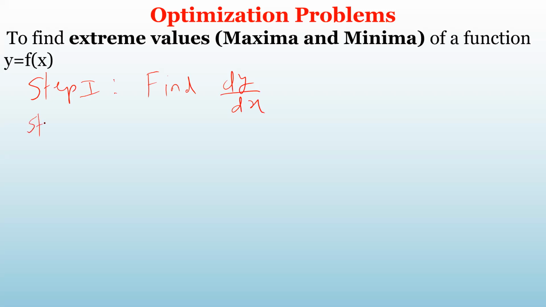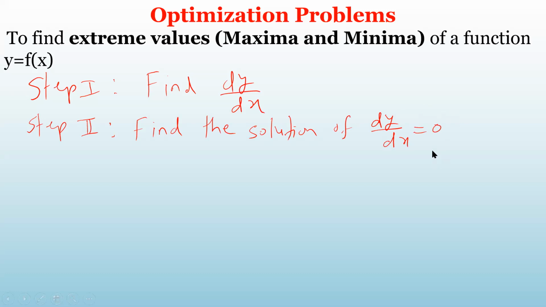In step 2, we find the solution of the equation dy by dx equal to 0. Now, this equation may have one solution or more than one solution. It depends upon what type of equation you get here.